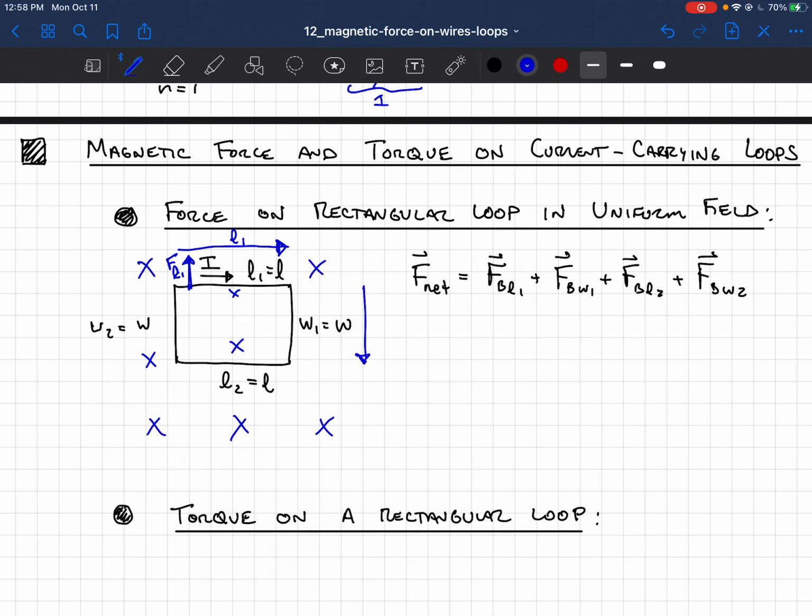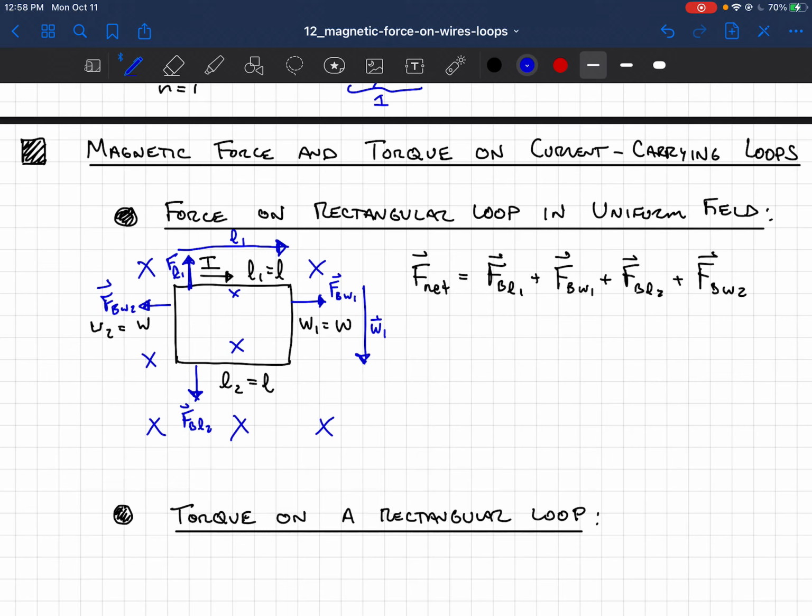What is W1? That's a vector that points down. So put your fingers down, close into the page, and your thumb points to the right. So that's going to give you a force FB W1 to the right. And of course, if you do the same thing for the bottom, you get this. And for the left-hand side, you get this.